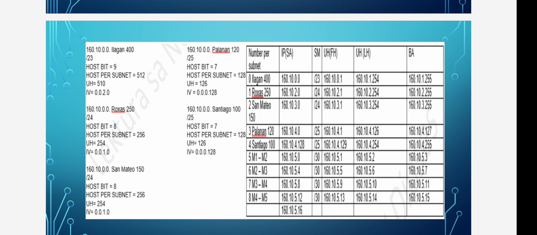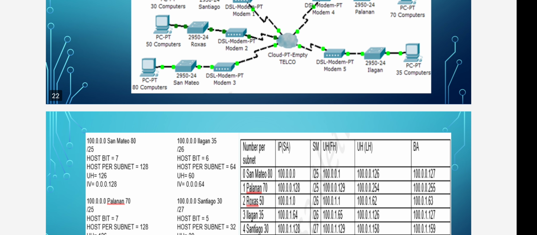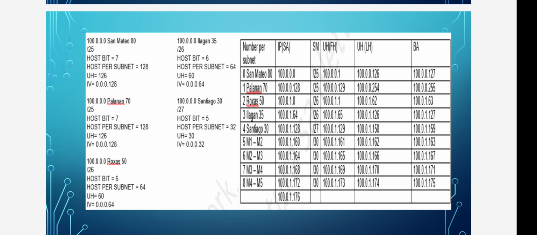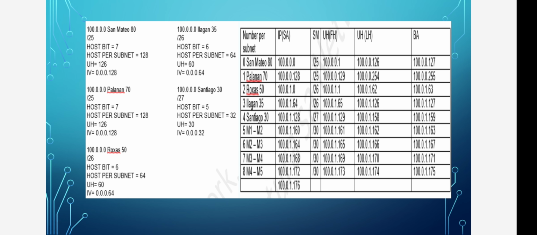Ito ang table. Ang subnet 0 natin ay Ilagan, subnet 1, Rojas, San Mateo ang pangalawa, pangatlo yung Palanan, pang-apat yung Santiago, modem 1, modem 2, modem 3, modem 4, modem 5. Ayan. Given 3, ganun din. Pare-parehas lang yan. San Mateo, ganun din.